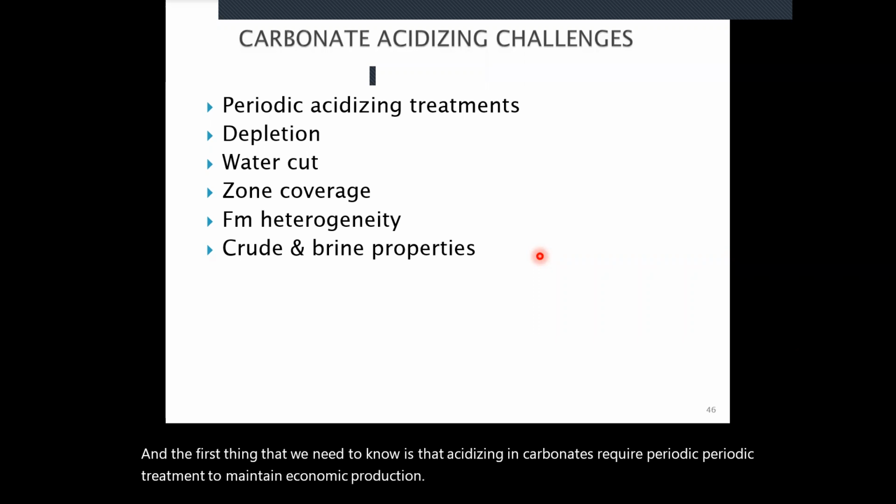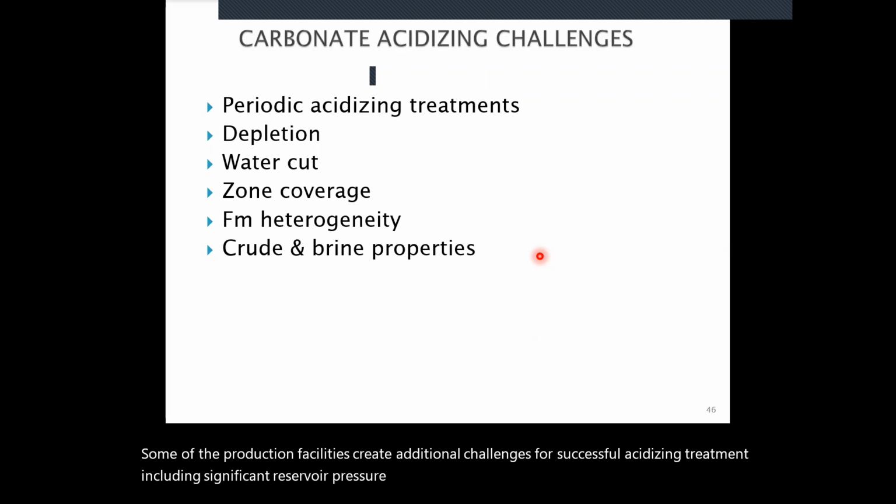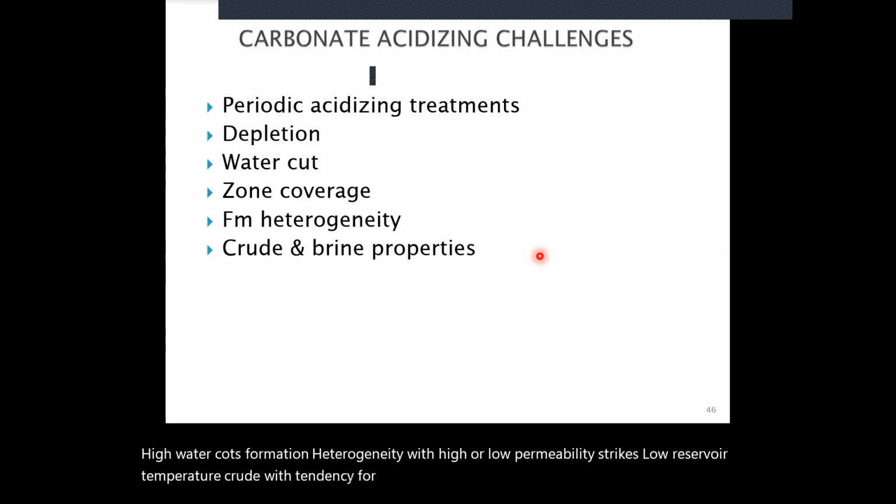Some of the production facilities create additional challenges for successful acidizing treatment, including significant reservoir pressure depletion, high water cut, formation heterogeneity with high or low permeability streaks, low reservoir temperature, crude with tendency for emulsion and sludge creation, and enormous thief zones created by previous acidizing treatment. In many cases, uncertainty in the formation properties makes the stimulation more complex.